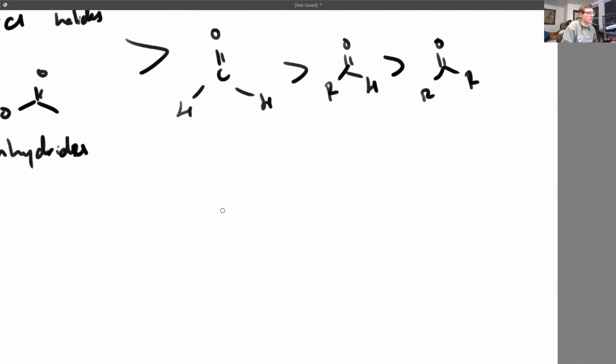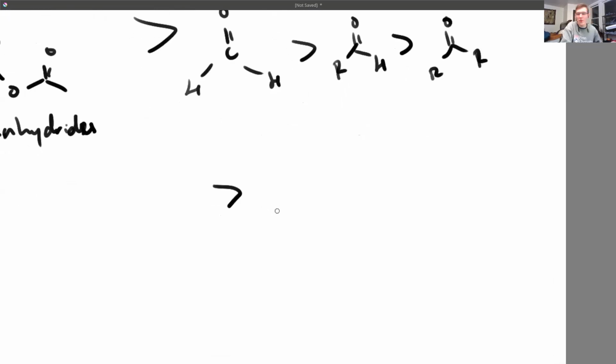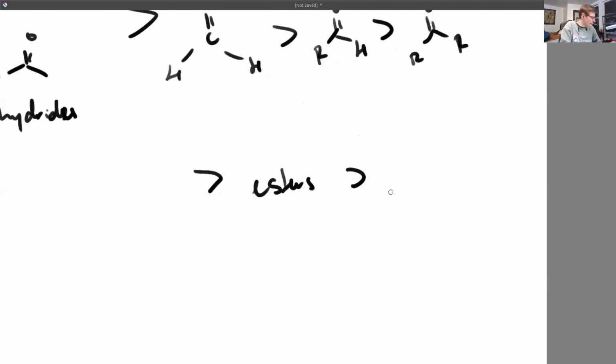And then, well, keep working our way down. There's not that much to go. So how about I just write? So we got esters. And lastly, amides. Exactly. So esters and then amides.